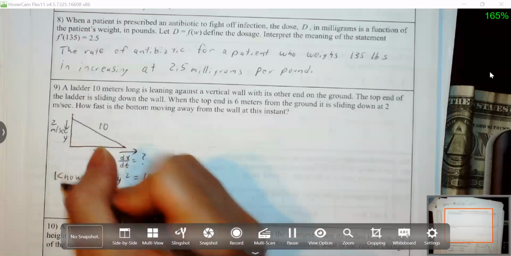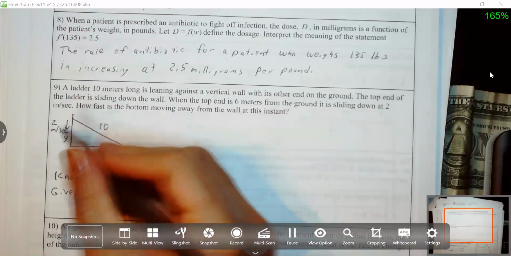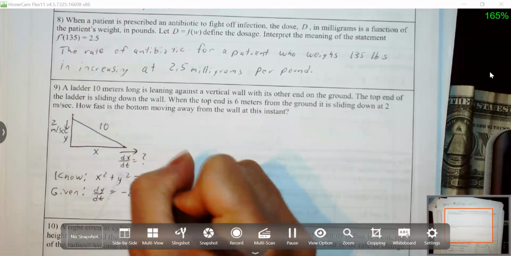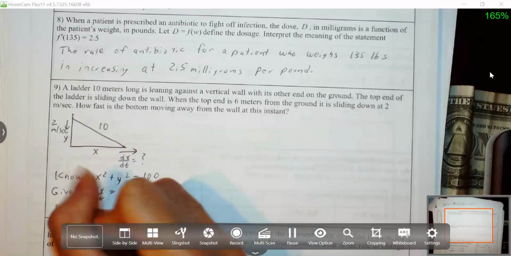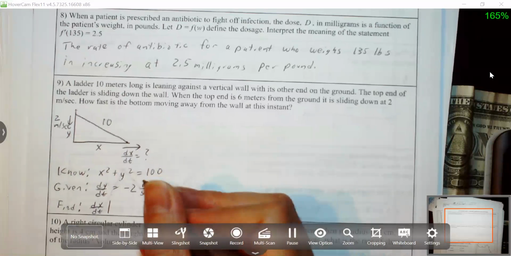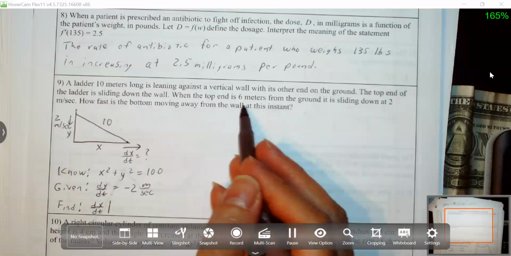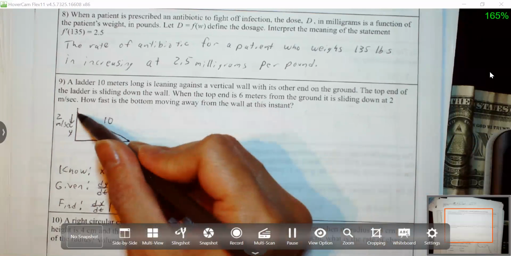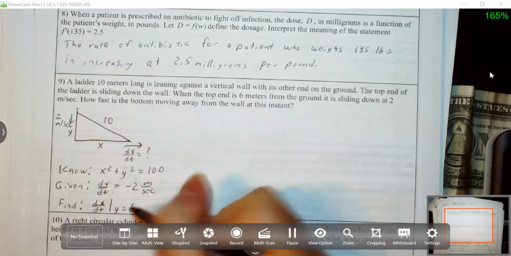Okay, we are given that our dy/dt is moving down the wall. So I know it's dy/dt that's given to us, and it's minus 2 meters per second. And we want to find what dx/dt is when y is equal to 6. It says when the top end is 6 meters from the ground, so we want to find dx/dt when y is equal to 6.